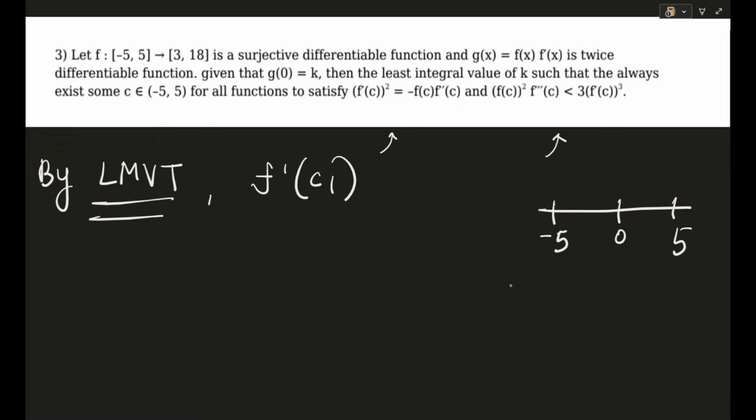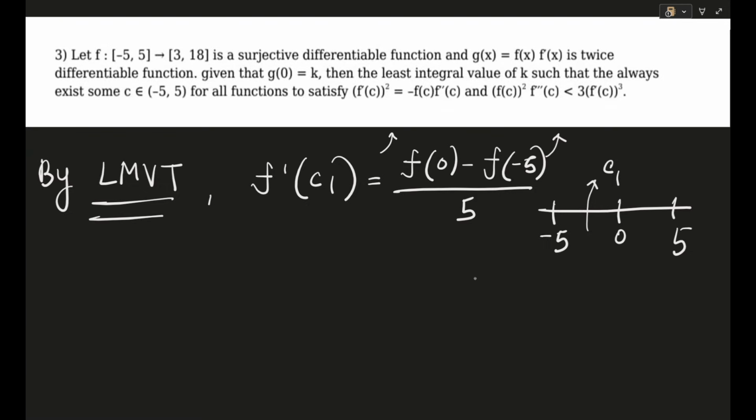Basically, I am taking C1, a number in between 0 and minus 5 for the time being. Okay, so applying LMVT in this interval, f dash C1 will be equal to f of 0 minus f of minus 5. If we apply LMVT in between a comma b, then it is f of b minus f of a divided by b minus a, which is 5.